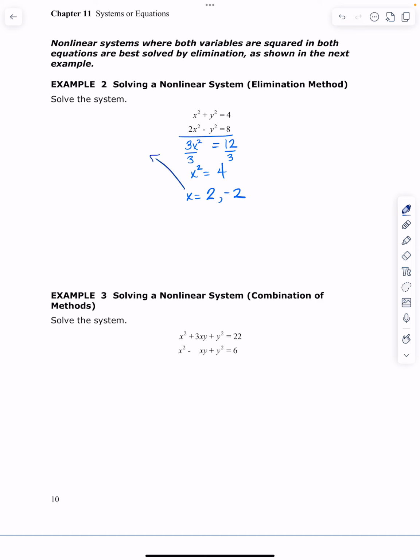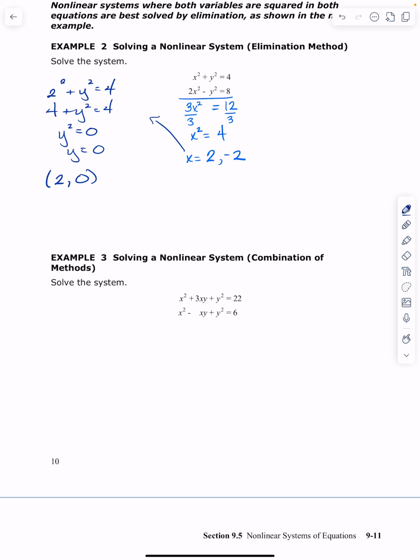I'm going to use the first equation. I get 2 squared plus y squared equals 4. 4 plus y squared equals 4. Y squared equals 0, so y equals 0. When x is 2, y is 0.